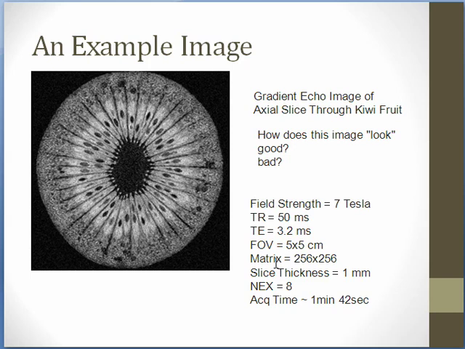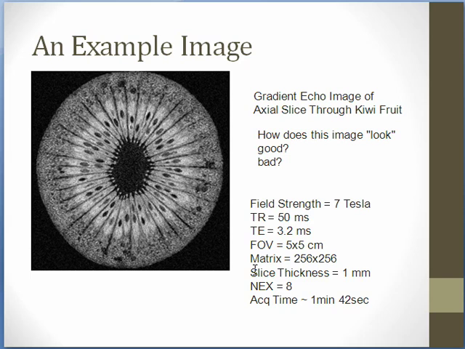So here I'm listing the imaging parameters. The field strength is 7 Tesla, TR is repetition time, TE is echo time, FOV is field of view, and the matrix is 256 elements in the X direction by 256 elements in the Y direction. And the slice thickness tells you that this is a 2D image.